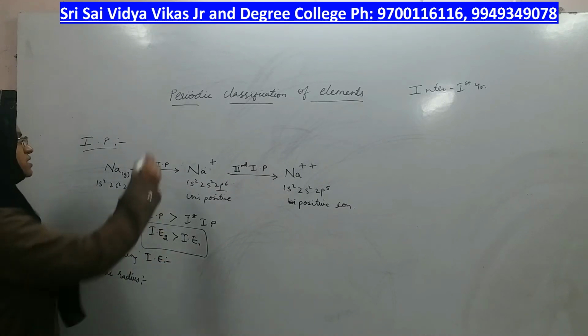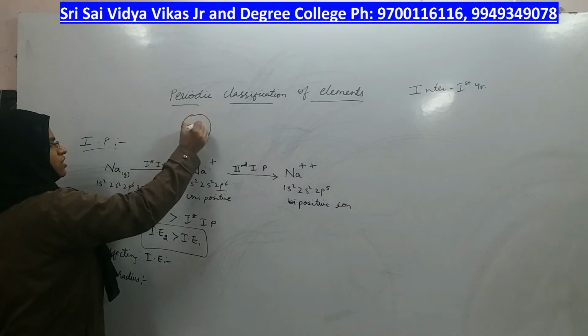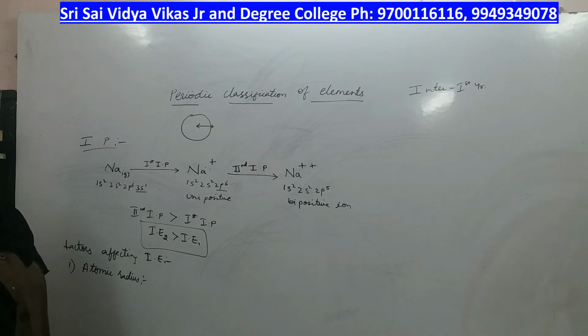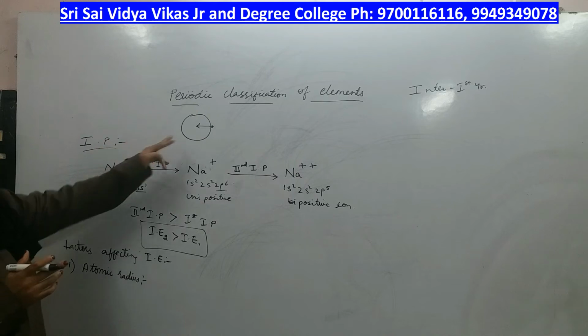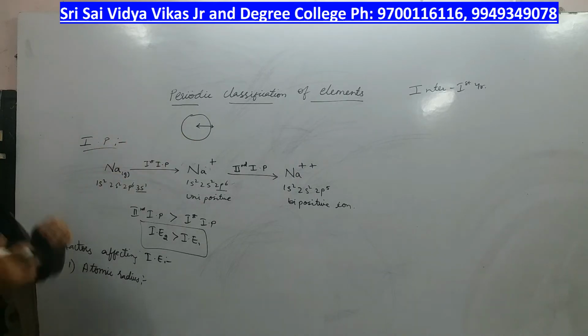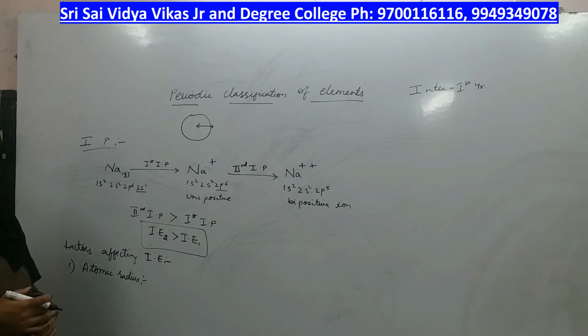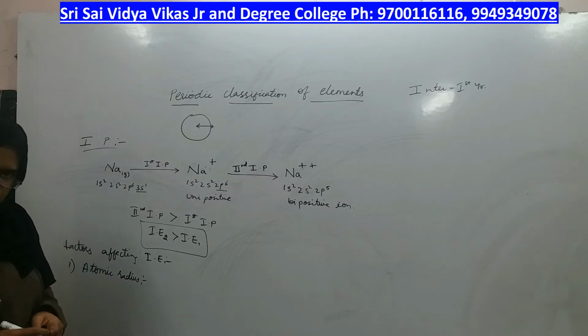Atomic radius means the distance between the center of the nucleus and the last electron, the valence electron, right. If the atomic radius is high, that means the valence electron is far away from the nucleus. If it is far away from the nucleus, it is not in that much attraction with the nucleus, therefore that electron can be removed easily.